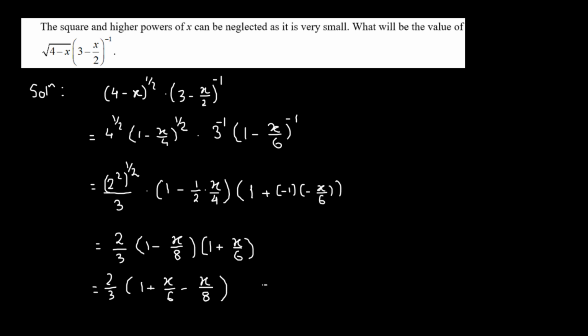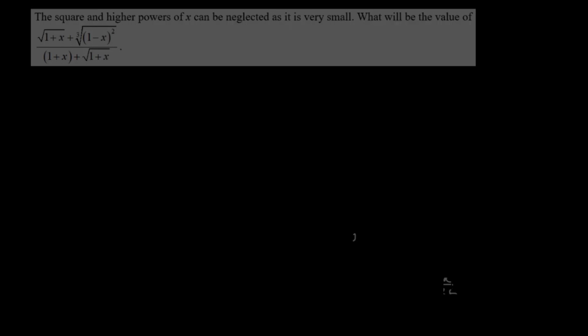So this will be equal to 2/3 times 1 plus 2 by 48x, which is simply 2 by 3 times 1 is 2/3 plus 1 over 24, so that would be x over 36. So this is the value. Let's move on to the next one.